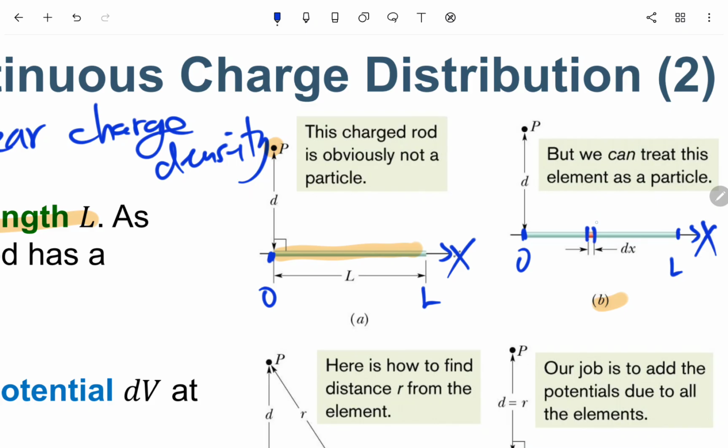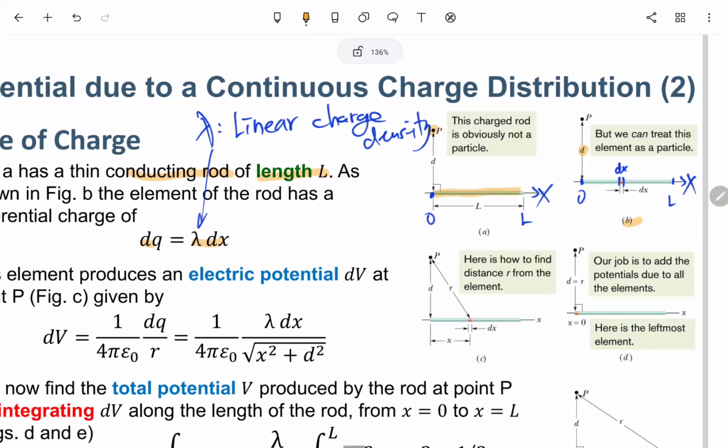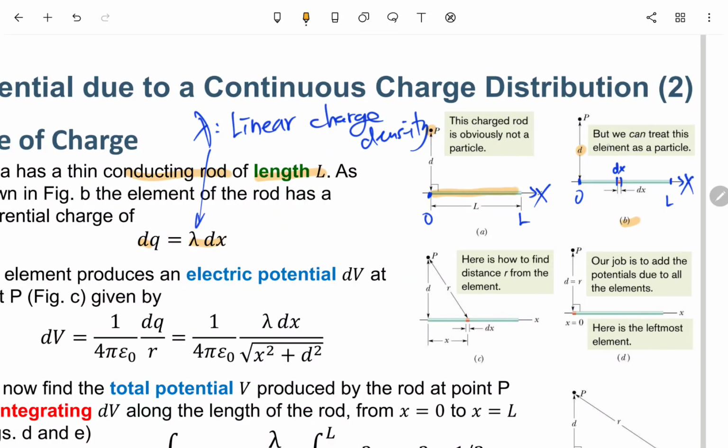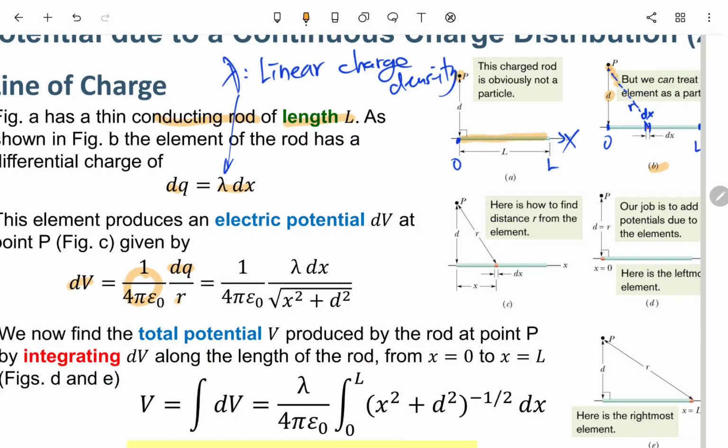Here we have dx, and we have a distance d here. There is a distance from this dx to point P, with a distance r. So we have dV equals 1 over 4 pi epsilon naught dq over r. This is what we have originally for a charged particle.